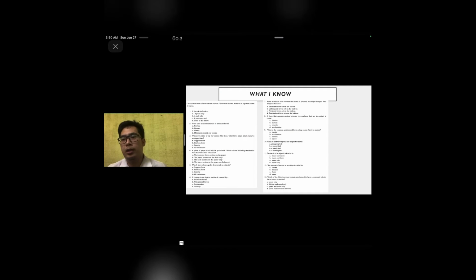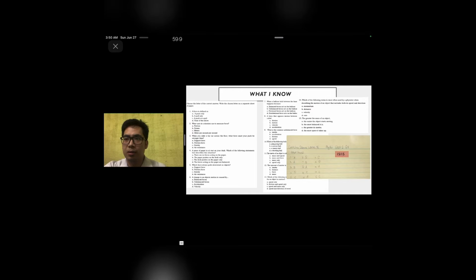First, the learners will have to answer what I know. Here, they take a pre-test from 1 to 15. The following are the questions.